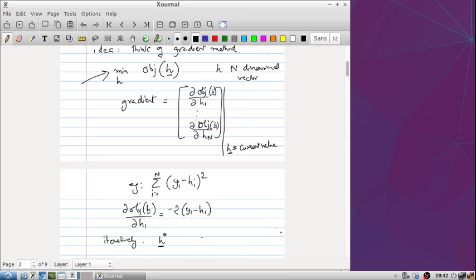Then the (t plus 1)th iteration is going to be whatever value we had at the tth iteration minus some constant, let me put eta, but just think of it as some constant, say 0.01, times this gradient. This is the gradient method.